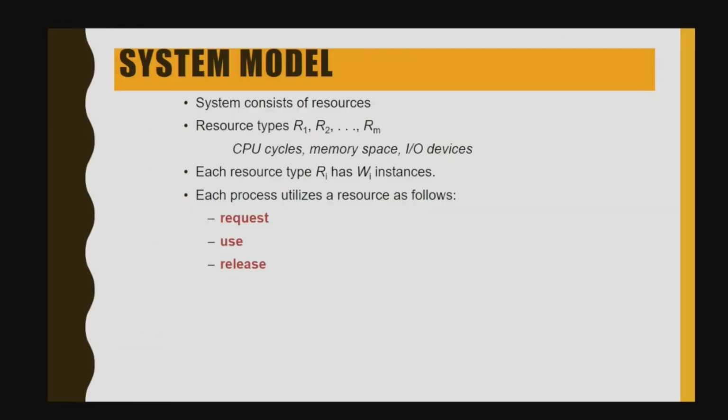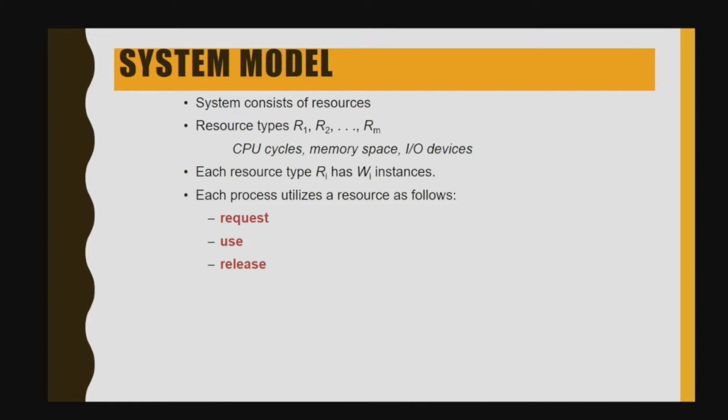So the first part, we go for the introduction to the system model. The system consists of resources, and in the system we also have the processes. So the resource types, we have R1, R2 until Rm, depending on the resources that we have in our computer system.